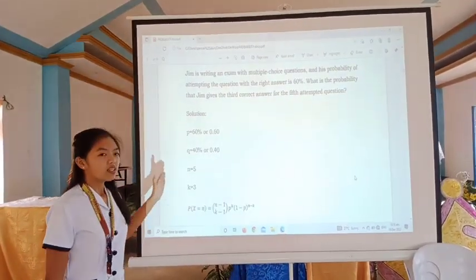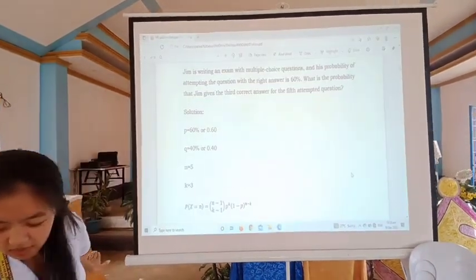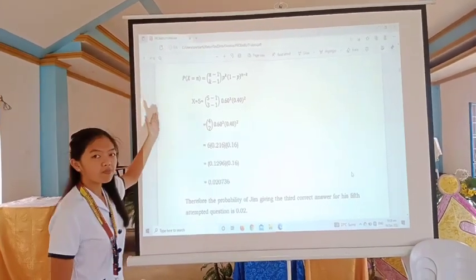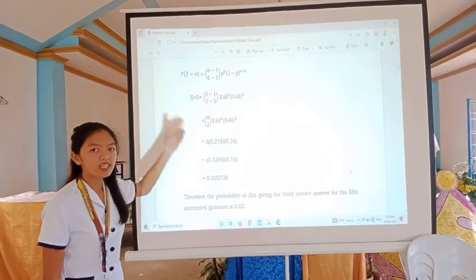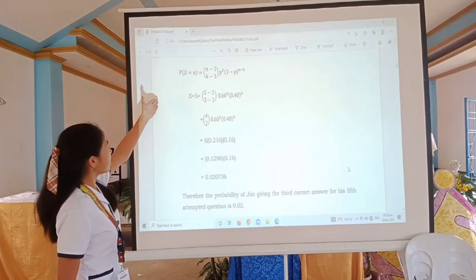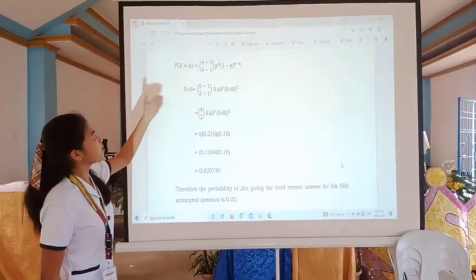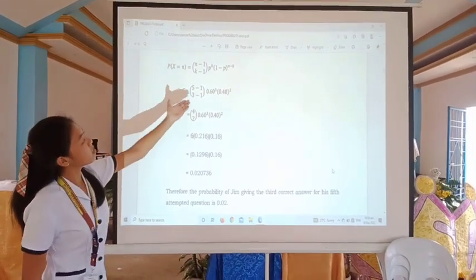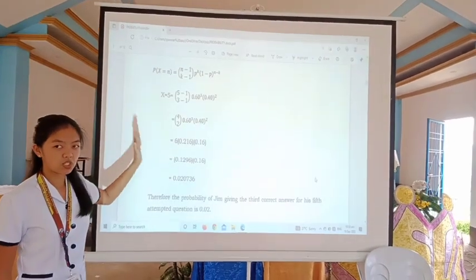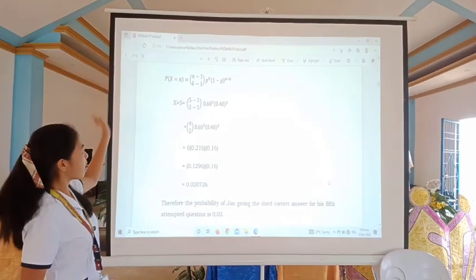Then, for the solution, we have the formula. This formula is very important. It's very applicable in getting the answer of the problem. We have P(X = n) is equal to (n minus 1) combination (k minus 1), p to the power of k, (1 minus p) to the power of n minus k. Let's substitute the givens above.